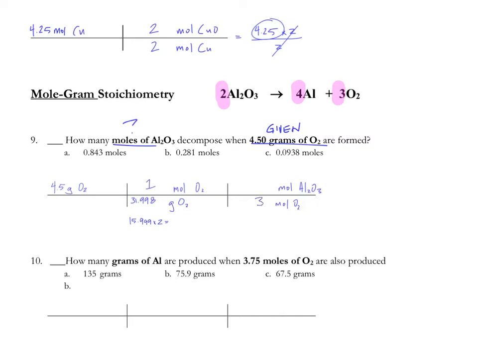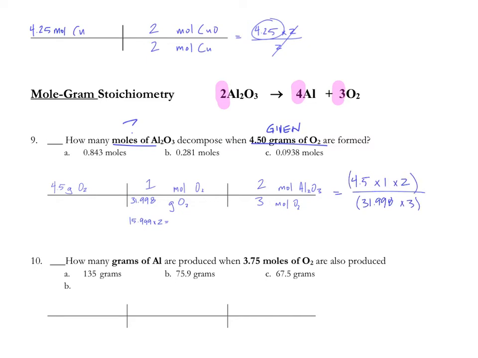So the coefficient for oxygen is 3, the coefficient for aluminum oxide is 2. So the math becomes 4.5 times 1 times 2, all divided by 31.998 times 3.